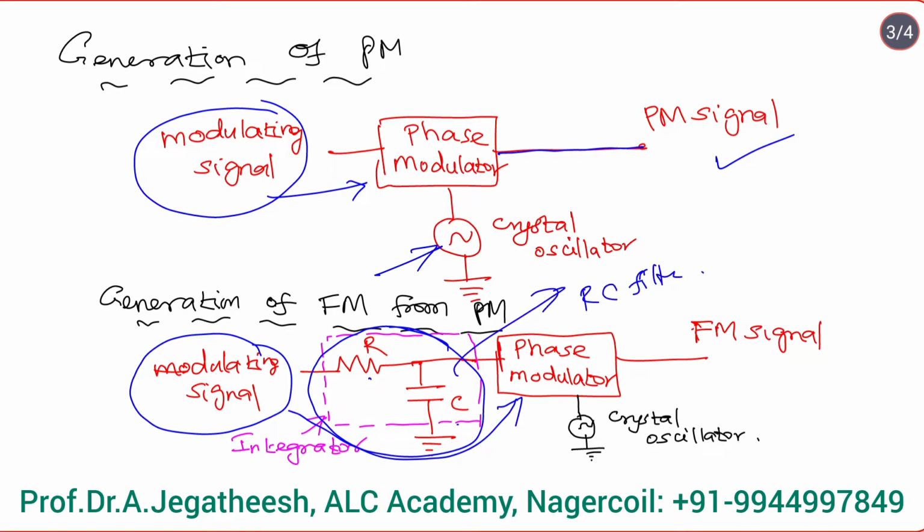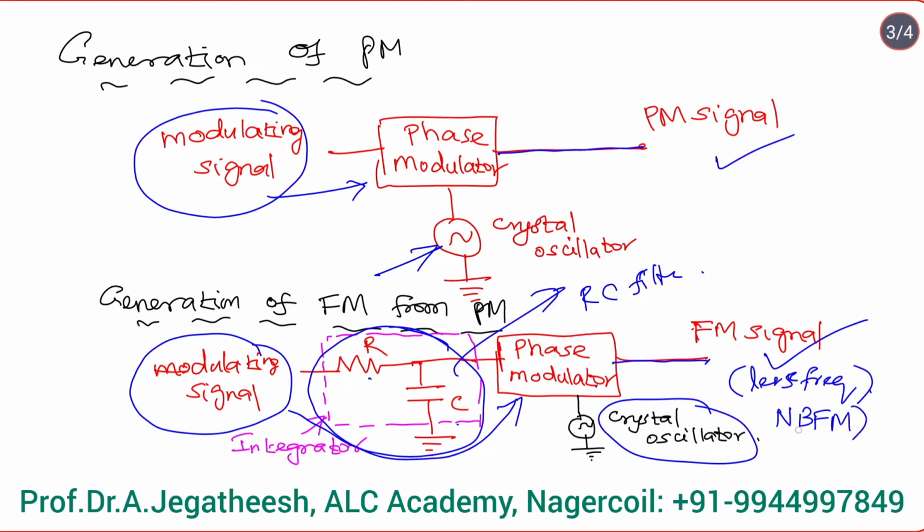The output of this filter is given to the phase modulator along with the crystal oscillator. Then the output of the phase modulator will be the FM signal, but the output has less frequency deviation, so it is called a narrow band frequency modulated signal, NBFM.